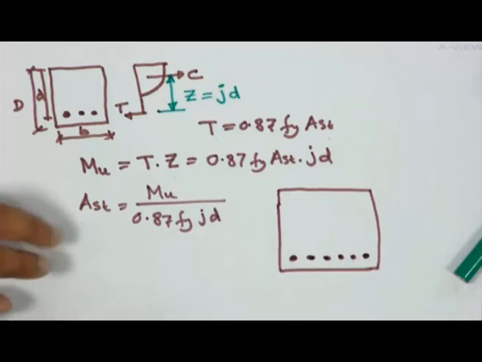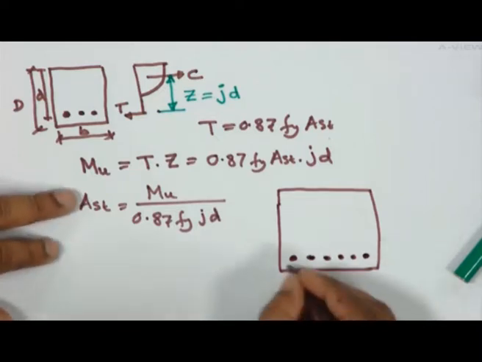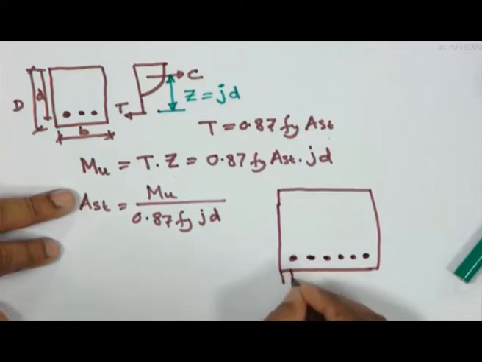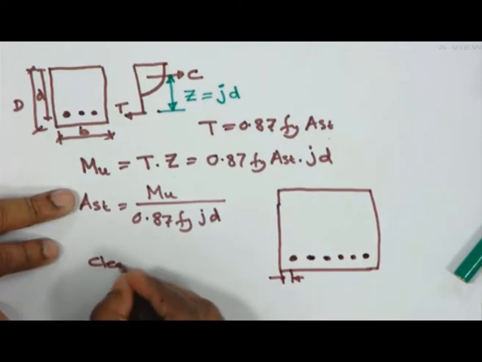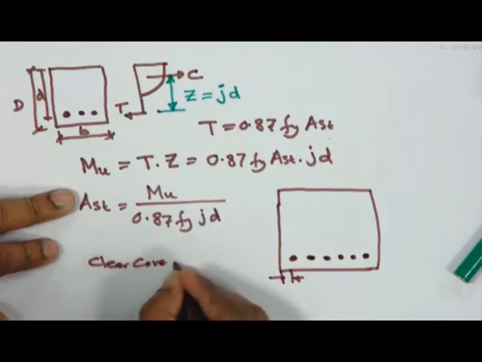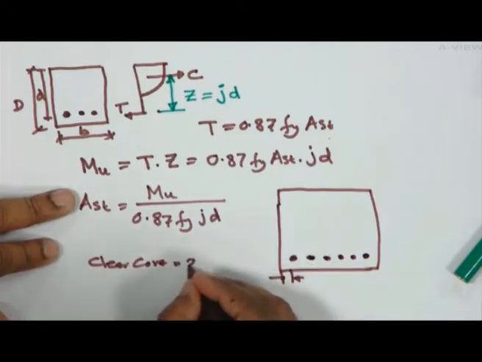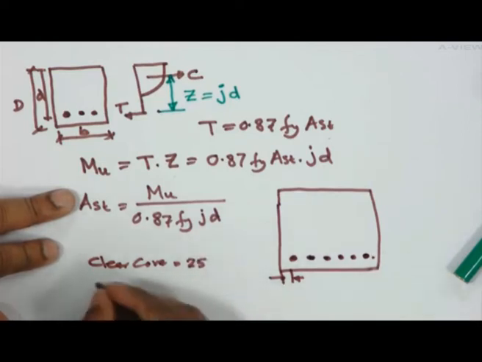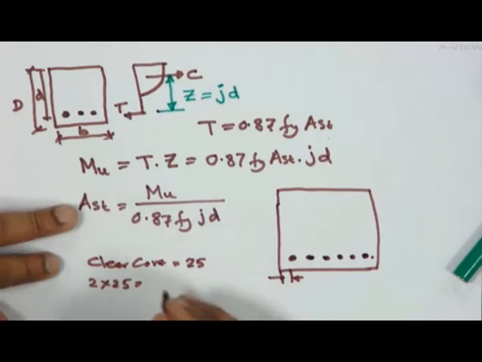You are providing 6 bars. How much clear cover do I have to provide? Here also I shall provide 25, and this one also 25. So 2 into 25, which will be equal to 50.